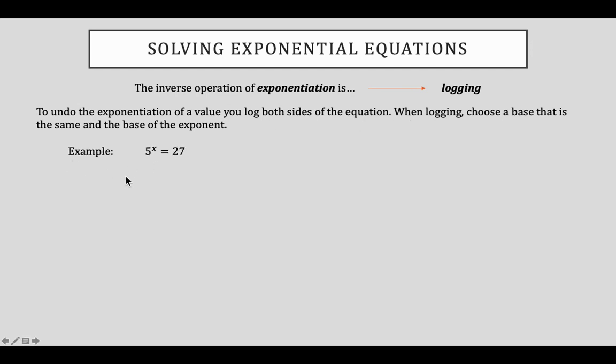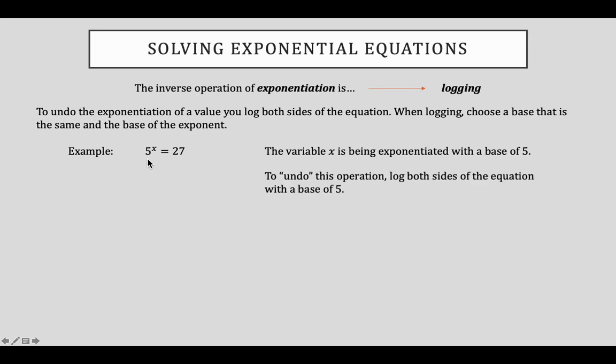To undo the exponentiation of a value, you log both sides of the equation. When logging, choose a base that is the same as the base of the exponent. So for example, here we have 5 to the x is equal to 27. Notice that we are trying to solve for x, and the variable x is located in the exponent, which makes this an exponential equation. The variable x is being exponentiated with a base of 5. To undo this operation, we need to log both sides of the equation with a base of 5.